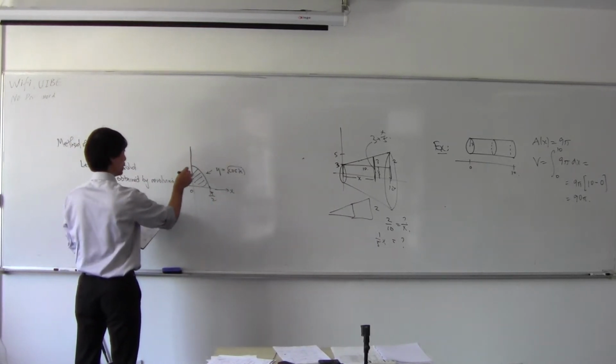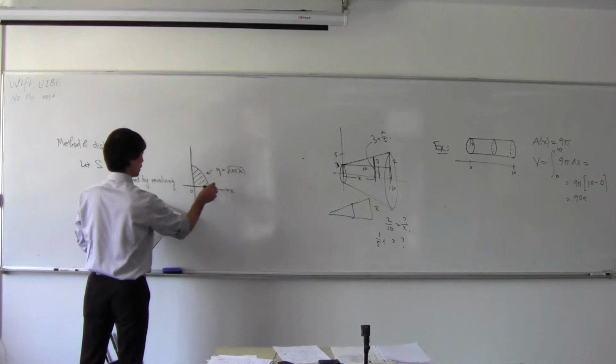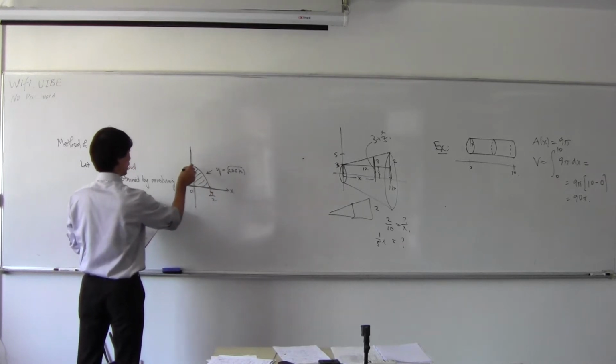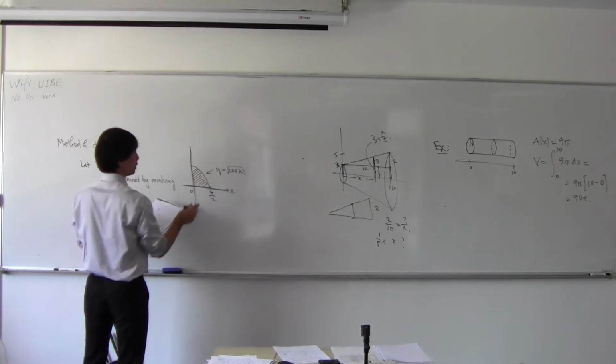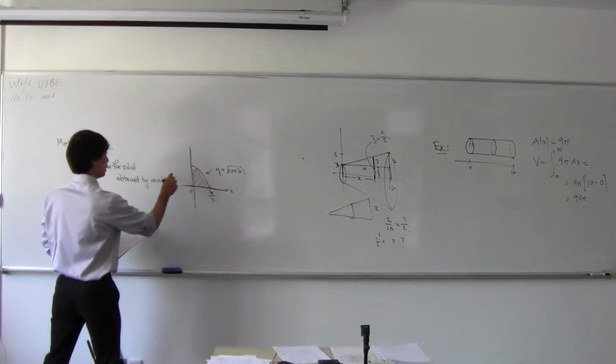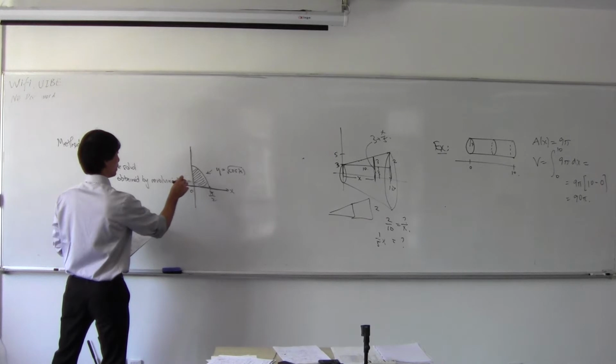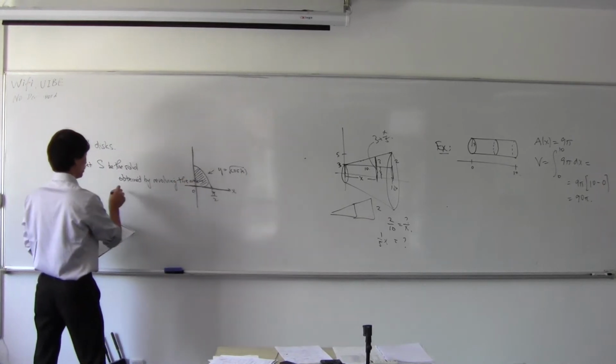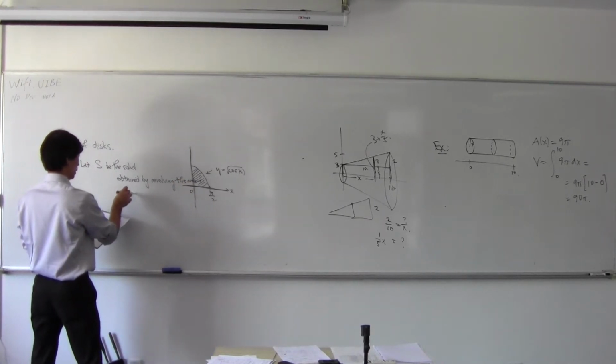This area between the x-axis, the y-axis, and this line here. So you have this area here, and this area around the x-axis.